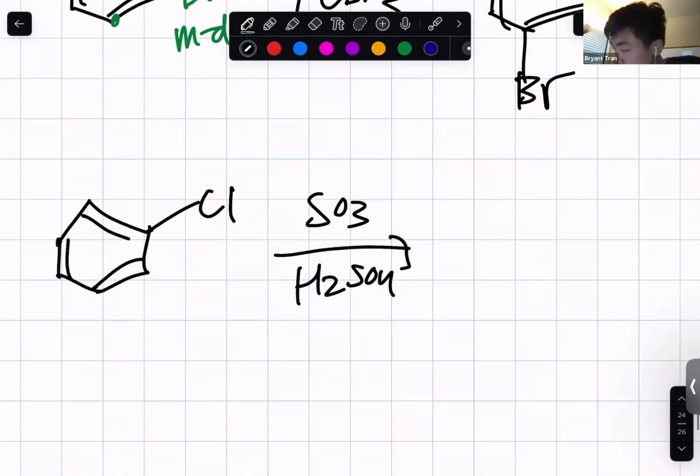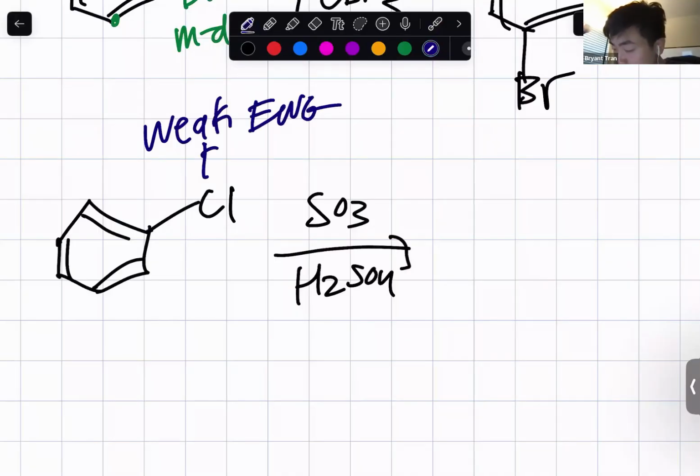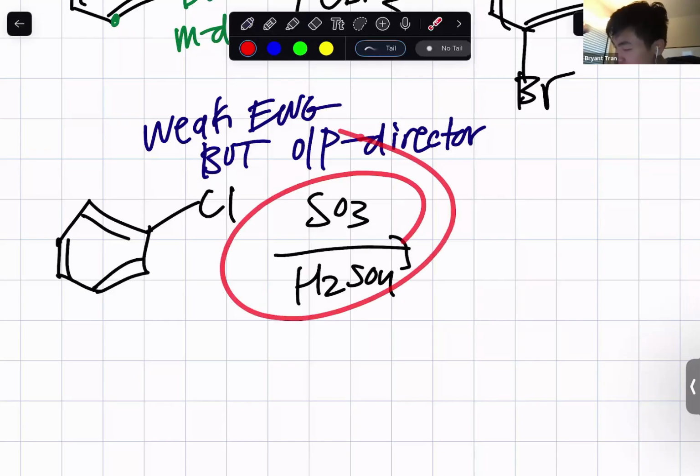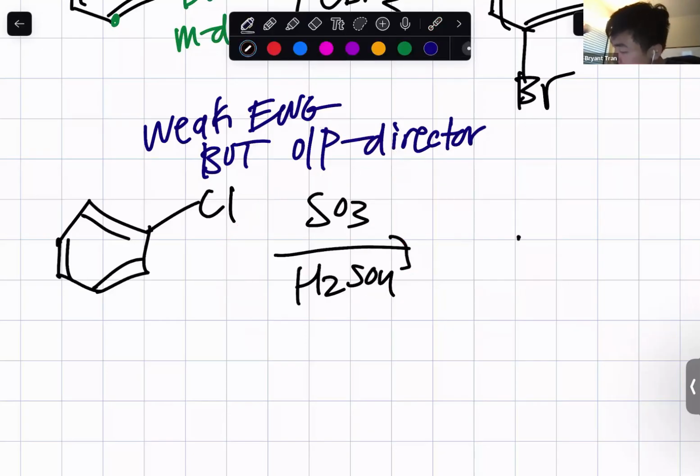Now for the next problem, we have this halogen, which is, like we said, the exception. It is a weak EWG, but it's not a meta director, it is an ortho para director. And because we're using sulfonation reactions, we're going to add a sulfonate group to the benzene, ortho or para to the chlorine.